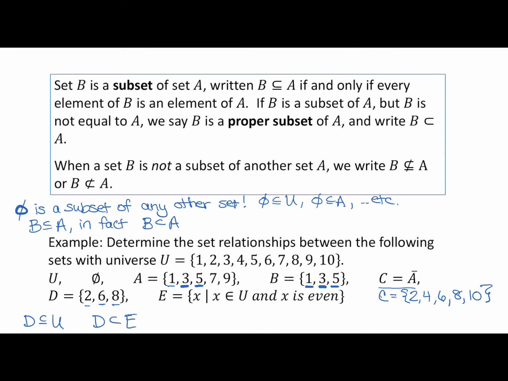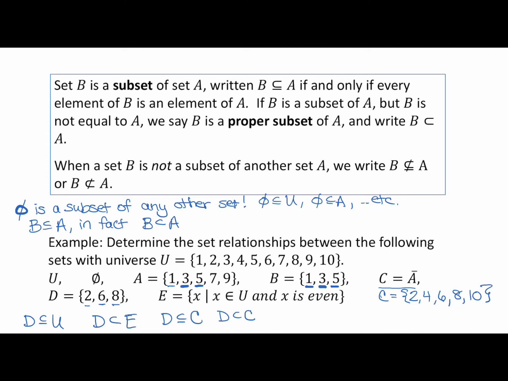So what do you notice here? We have that D is a subset of C, right? 2, 6, and 8. And in fact, D is a proper subset of C. What about E?